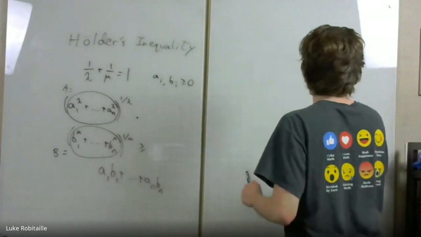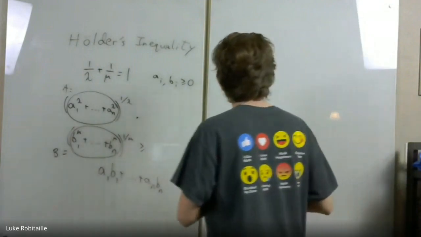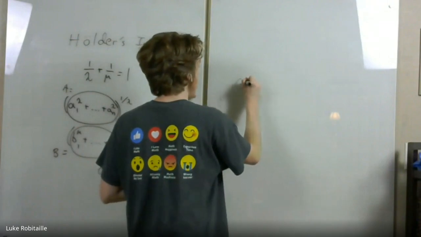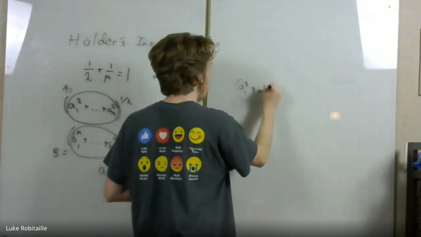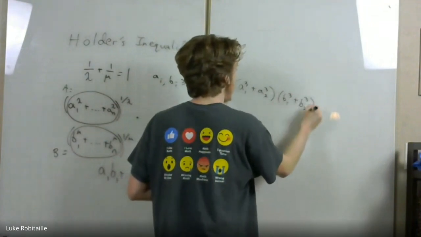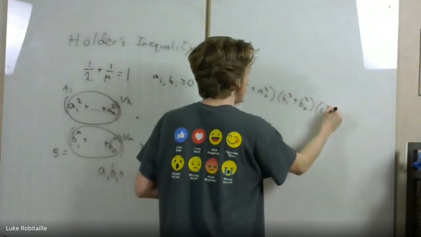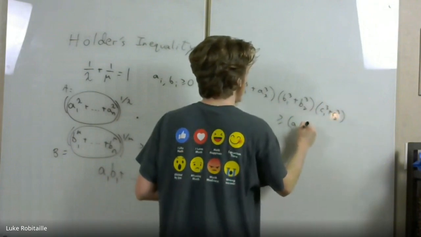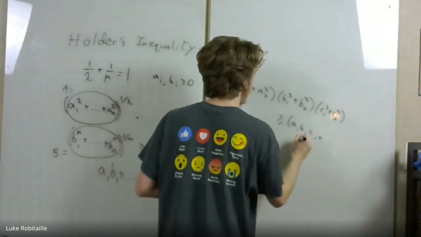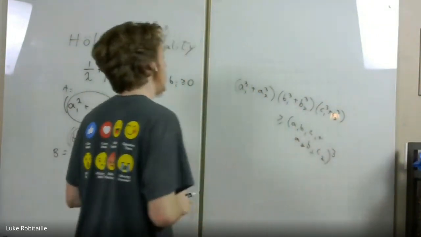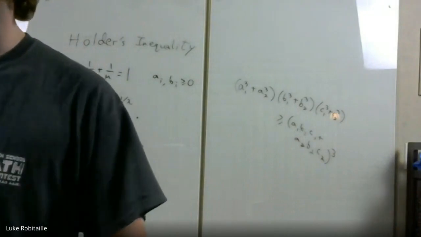But for example, you could have some statement like (a1 cubed plus a2 cubed) times (b1 cubed plus b2 cubed) times (c1 cubed plus c2 cubed) is greater than or equal to (a1 b1 c1 plus a2 b2 c2) all cubed for non-negative reals a1, b1, c1, a2, b2, c2.